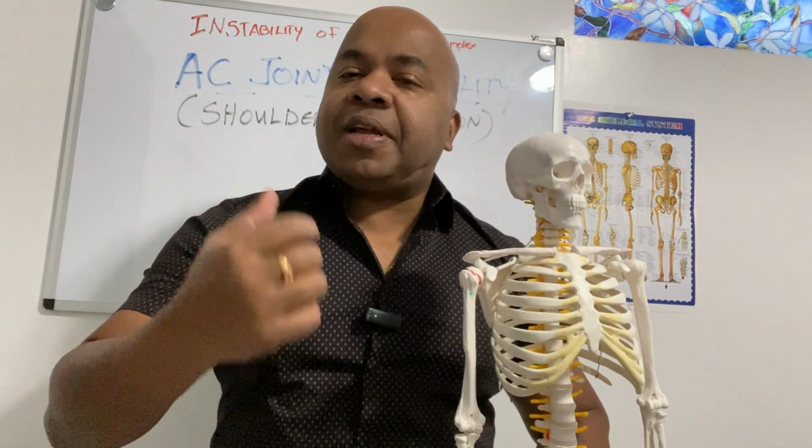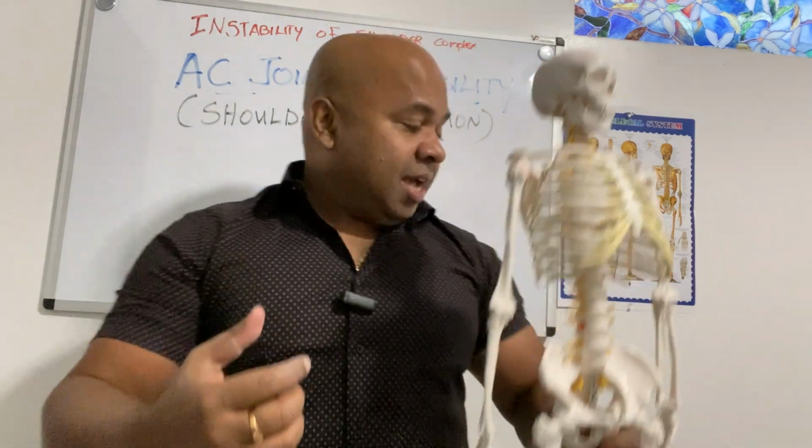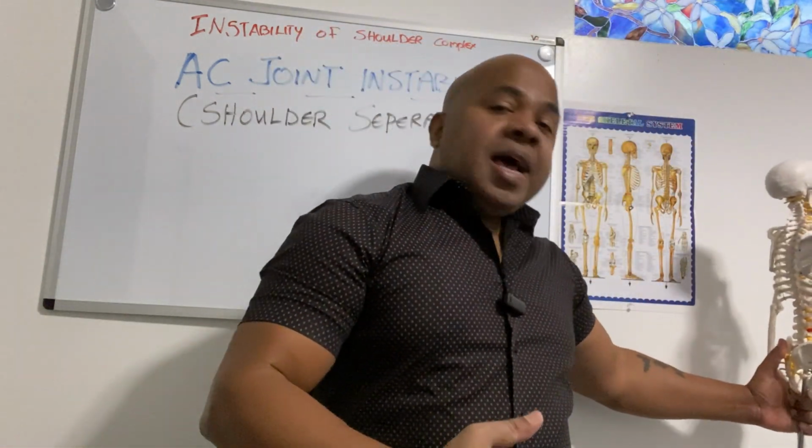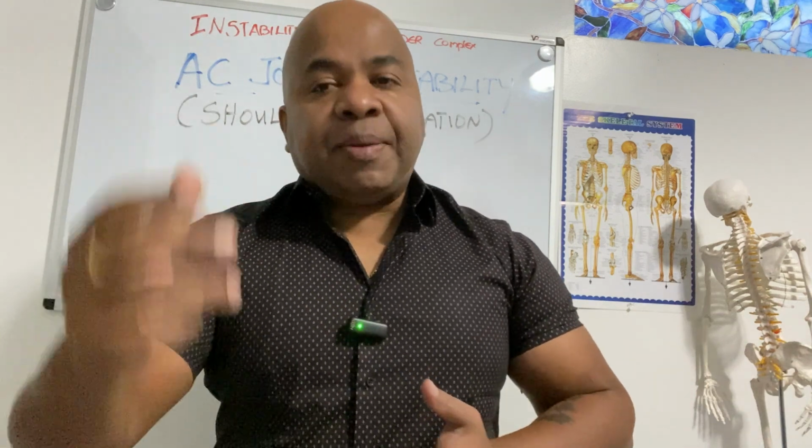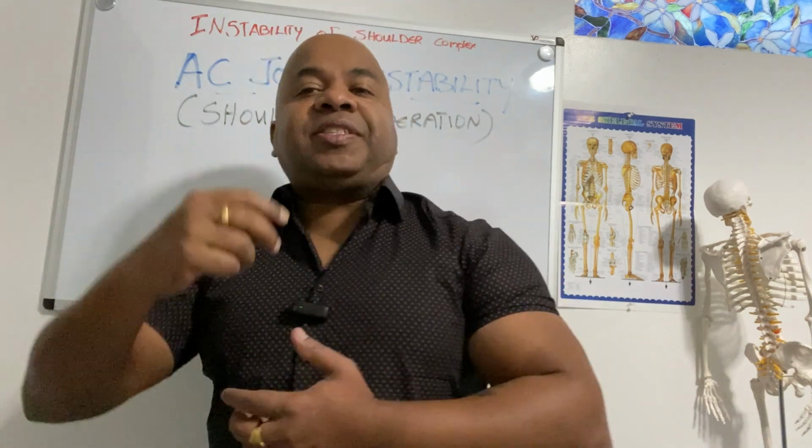The acromioclavicular joint is a plain synovial joint, and it has got an articular disc, a synovial joint capsule, and two ligaments associated with this joint. What are those ligaments and what is the function of these ligaments?